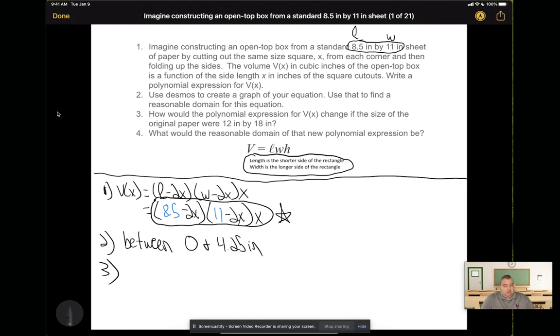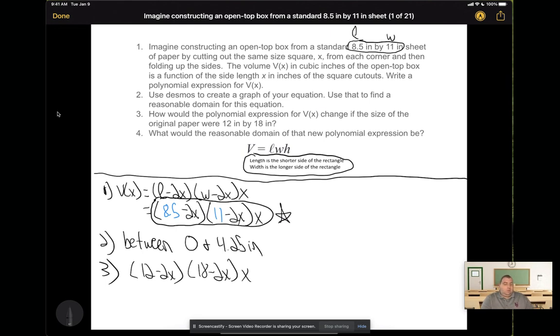The equation, instead of being 8.5 minus 2x, is going to be 12 minus 2x. And instead of being 11 minus 2x, it's going to be 18 minus 2x. Other than that, the equation is exactly the same. The only thing that changed are the dimensions of the paper. Instead of 8.5 by 11, it was 12 by 18. So this would be my new equation.